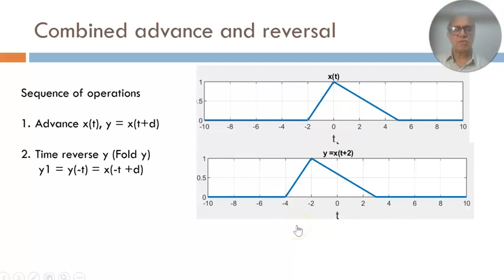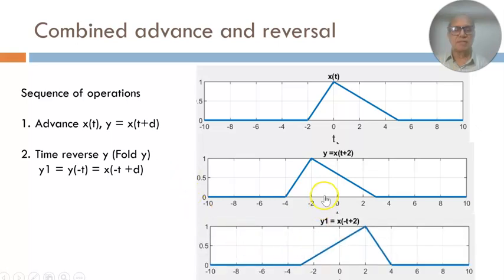That is one way of looking at the inversion. When you invert this, this is what you will get. This was coming down to 0 at +3, whereas here it will start from -3 and increase linearly. And note that it was starting from -4, so here it is ending at +4. If you perform the sequence of operations advance followed by reversal, this is the result you will get.